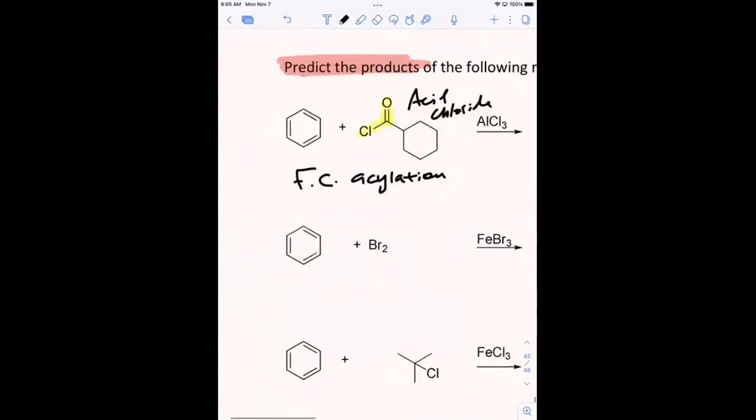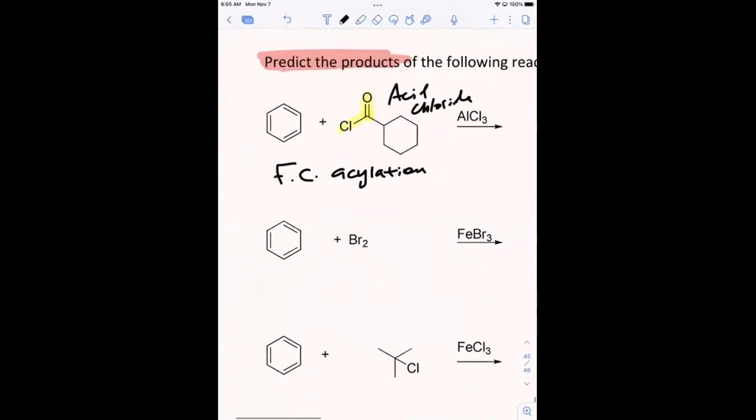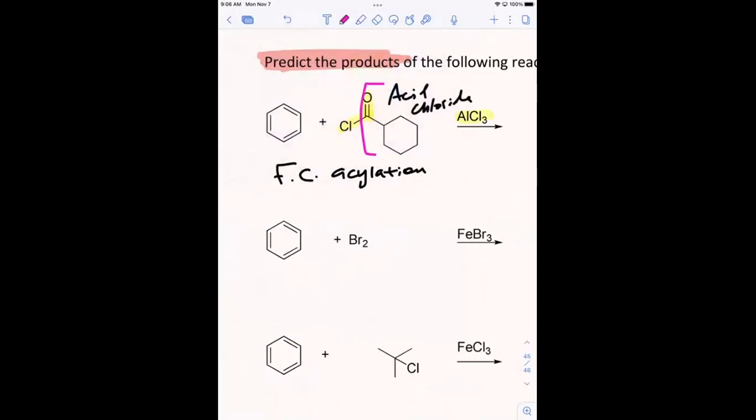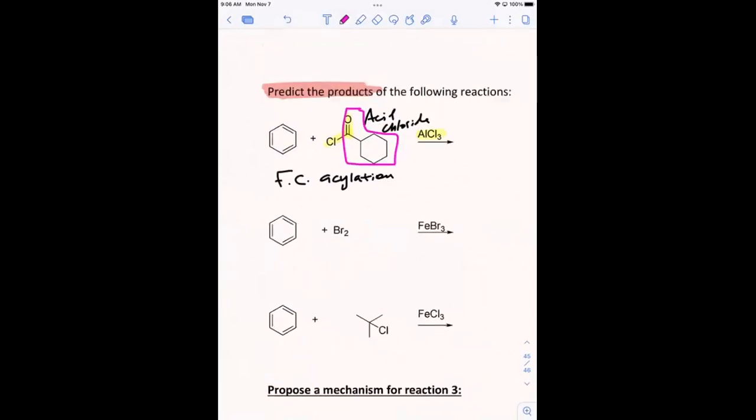When I react that functional group under Friedel-Crafts conditions with aluminum trichloride, we've seen this before. It's actually going to add this piece of the functional group to the ring. And there's nothing on the ring to dictate where it should go. So my product ends up looking like this.